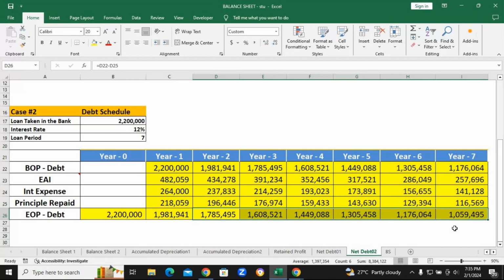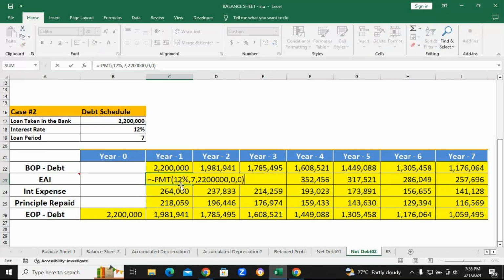No, somewhere something has gone wrong. So this value, C26, P26, okay, this one PMT. PMT rate is 12%, 7 years, 22 lakh.